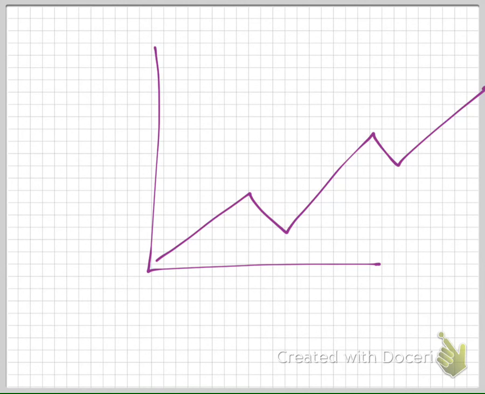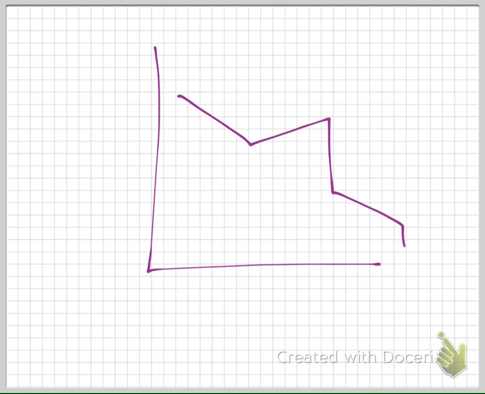Time travels this direction. So it started out here at one point in time, and as we move this direction in time, what's overall happening? It's going up, it's increasing. Does that make sense? If I have this and you see this, what's happening? It's going down, it's decreasing. We read it from left to right.